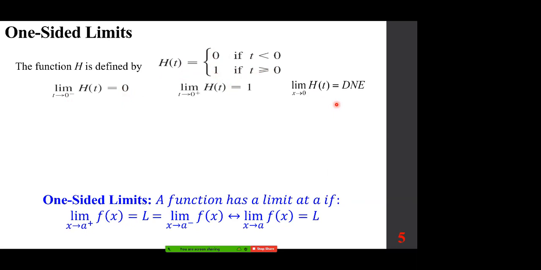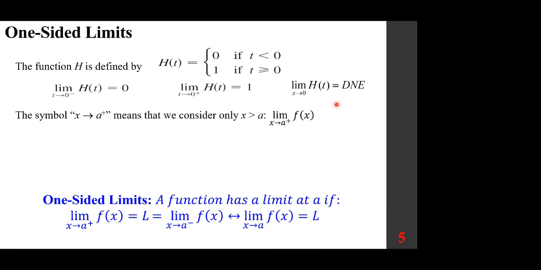identical limits. So having said that, I want to show you again how we do the reading. The symbol x approaches a from the right means that we consider only x larger than a. That's just making sure we understand the symbol.